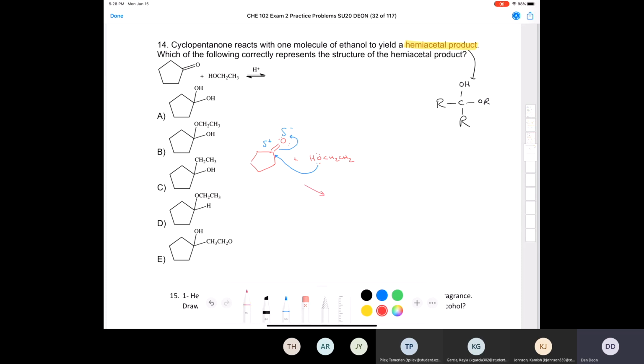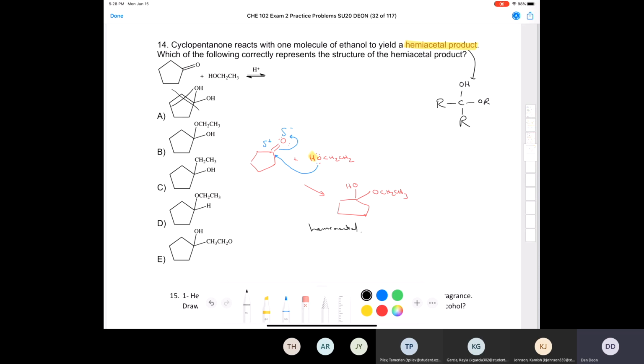And when you do that, you end up with this. So let's draw what we've got. We still have our oxygen here, and we still have the alkoxy group. So the only question becomes, where does this hydrogen go? And the answer is, it goes onto the other oxygen. And this is our hemiacetal.